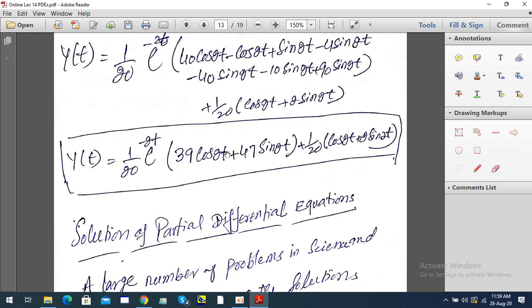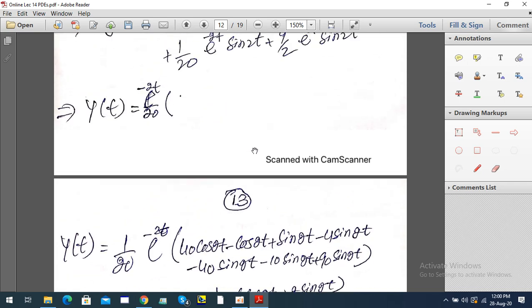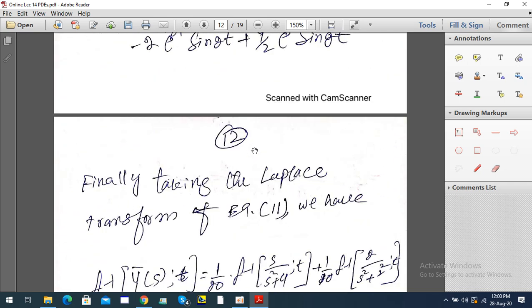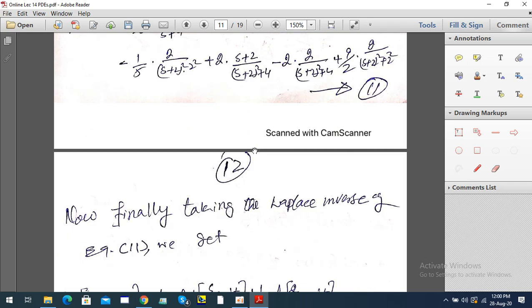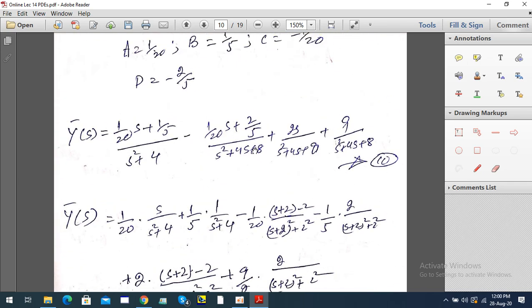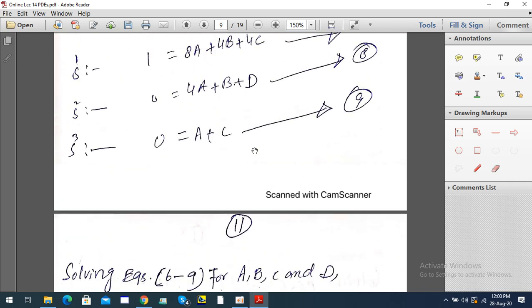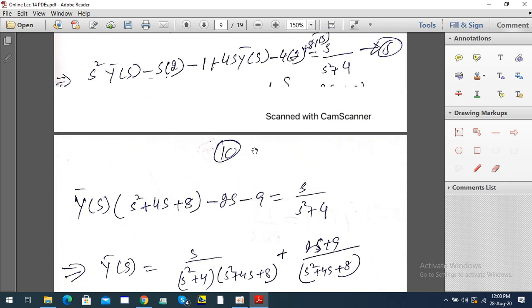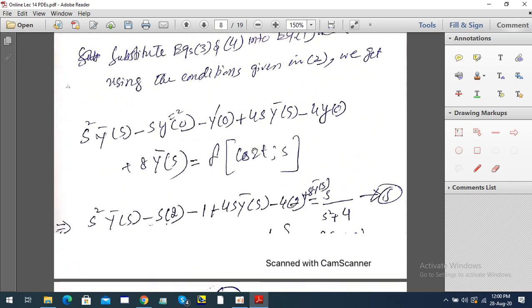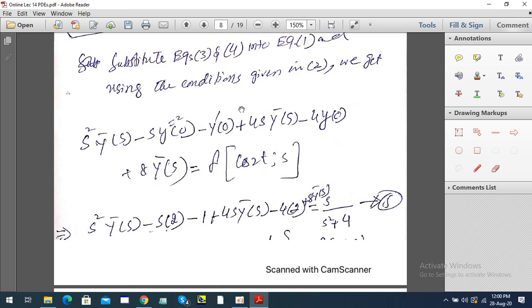The solution of equation 1, and you can see there is no constant. So here the constant has been used. Let me verify this. You can see here we have y of 0 and y dash of 0.